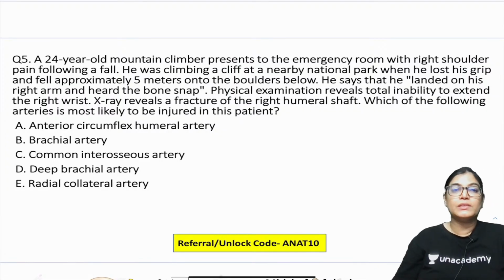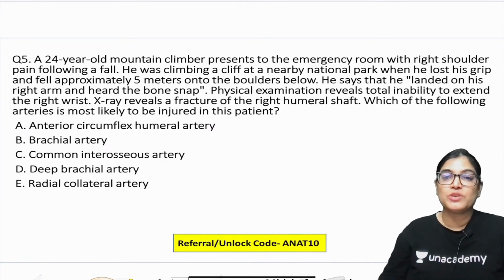Okay, question number 5. A 24-year-old mountain climber presents to the emergency room with right shoulder pain following a fall. He was climbing a cliff at a nearby national park when he lost his grip and fell approximately 5 meters onto the boulders below. He says he landed on his right arm and heard the bone snap.